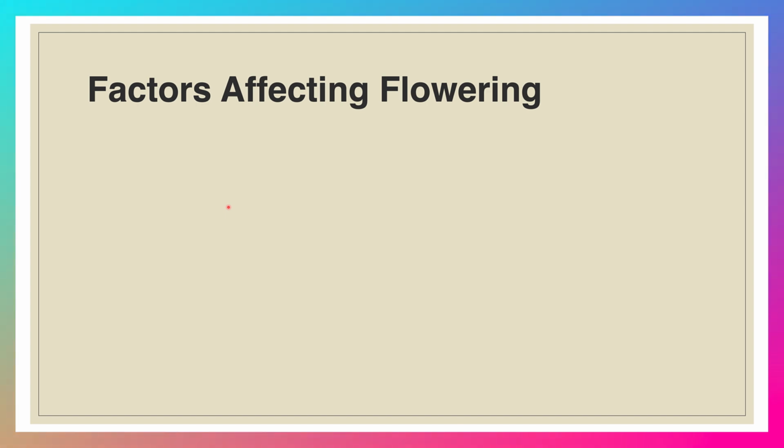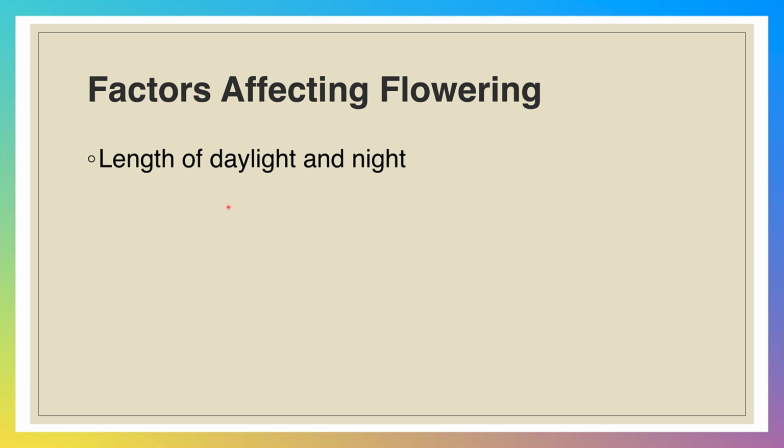There are multiple factors that affect flowering. The length of day to night is the most important effect on flowering. What I mean by that is the relationship of how long the days are to how long the dark time, or the night, is. The longer the daytime compared to the night, the more likely the flower will bloom.